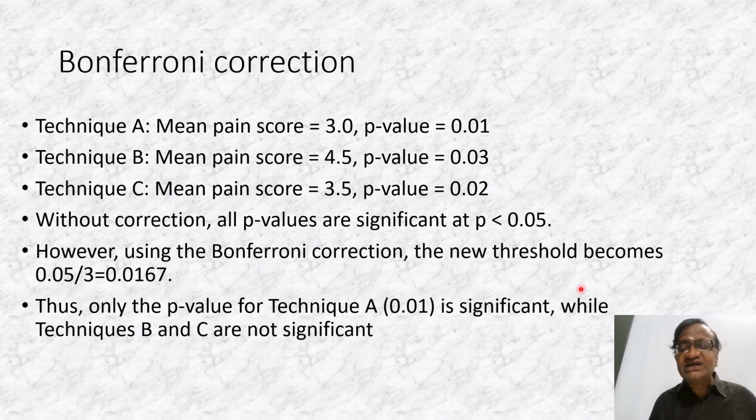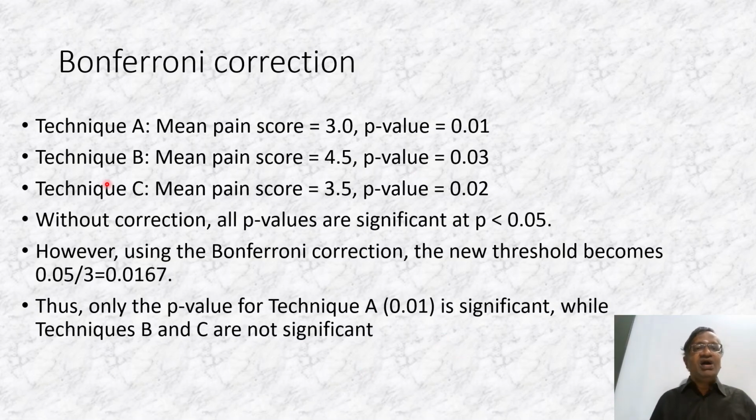However, using the Bonferroni correction means it is 1/3 of it, because we are using too many groups. If you do this Bonferroni correction, 0.05 by 3, this is 0.0167. The p-value of only A is significant and B and C may not be significant.